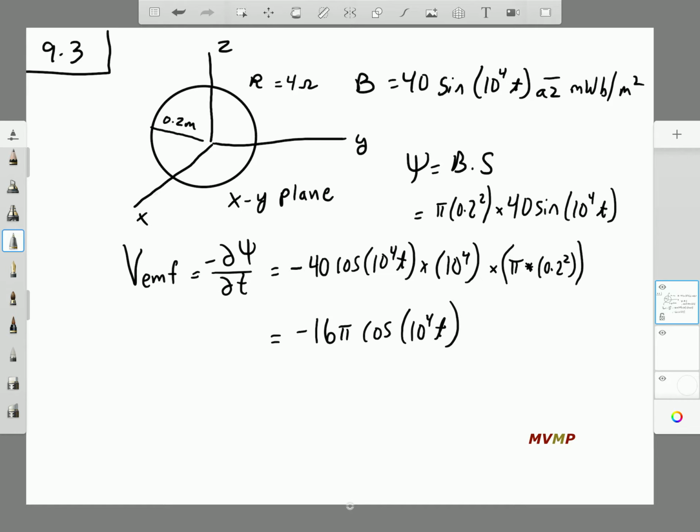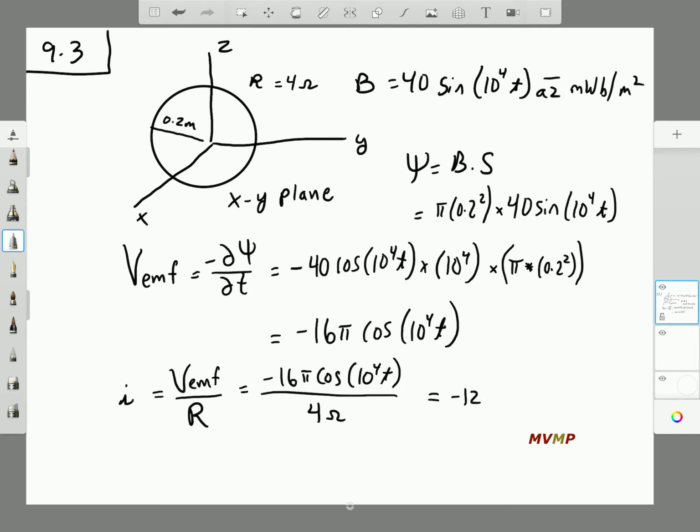And here we are looking for the current. So again, the current is V over R, Ohm's law, which will just be the negative 16 pi cosine 10 to the 4t over the resistance, 4 ohms. And we get a final answer of 12.57 cosine 10 to the 4t amps. That's our final answer.